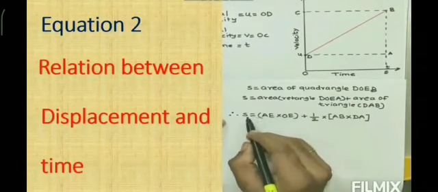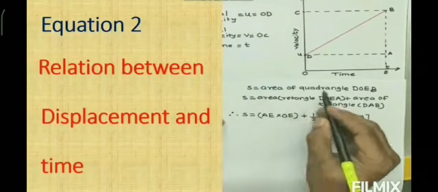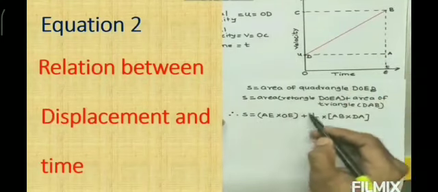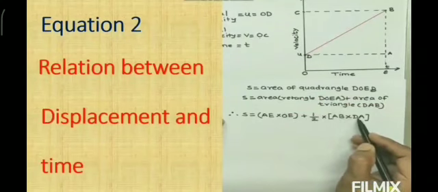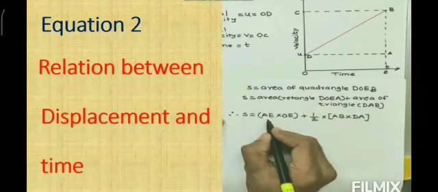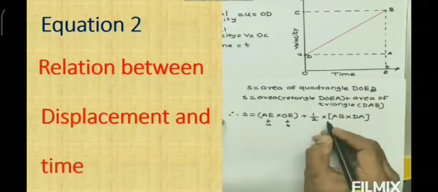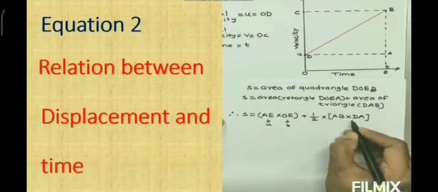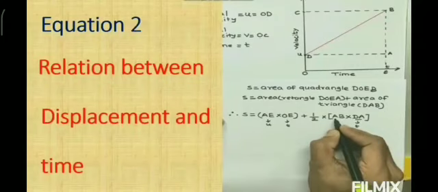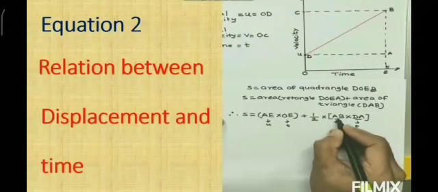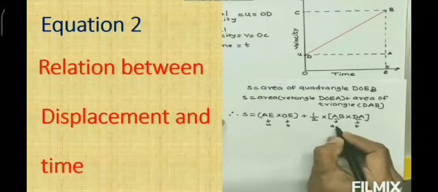Using the formula we can write S, that is distance, is equal to AE into OE plus half AB into DA. But we know that the value of AE is U, value of OE is T, OE is equal to DA is equal to T, and AB we have derived the value of AB, it is AT.